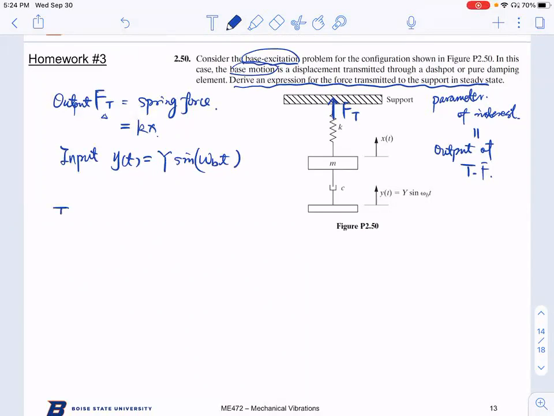So the transfer function is output Ft divided by input. That's not the best way to write it, but just giving an idea. The transfer function is in the s domain, so instead of writing it as a function of t, you should actually write it as a function of s.